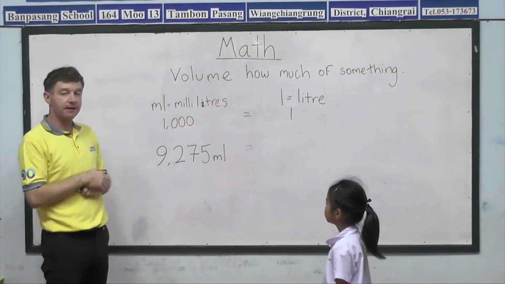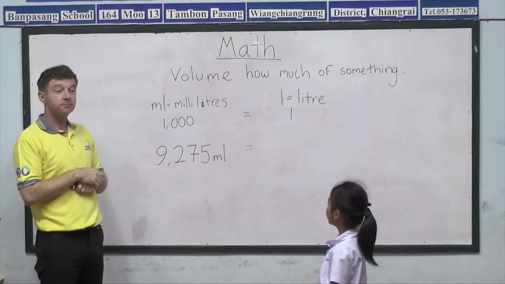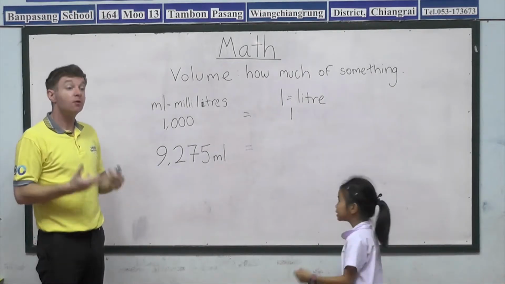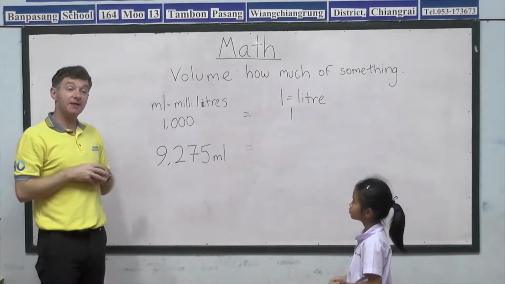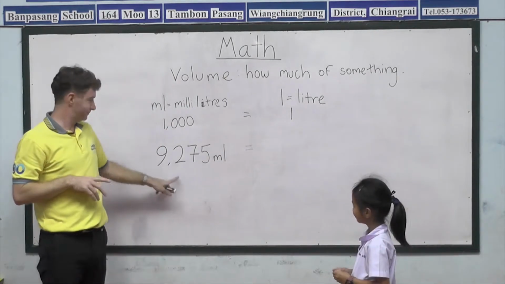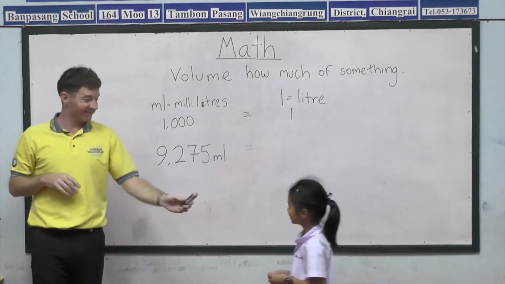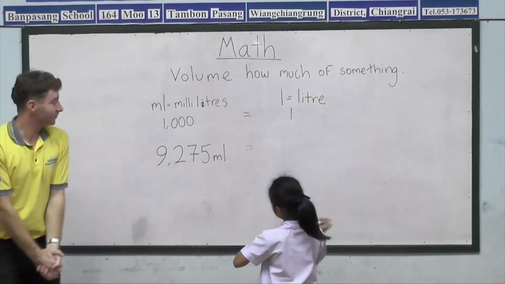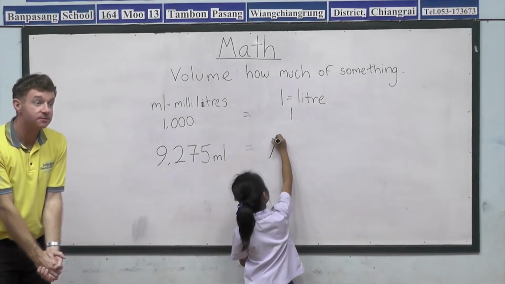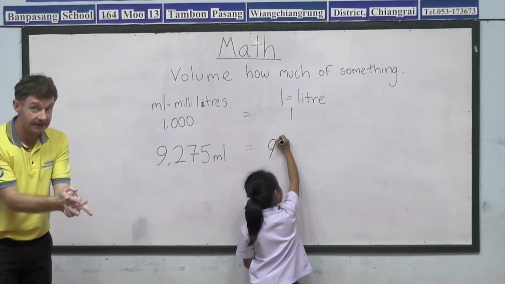How many milliliters do we have? 9,275 milliliters. So now, can we convert into litres? Do we have enough milliliters? No. Yes, we do. Yes. We have 9,000. So over to Prel. 9,000 milliliters is 9 litres.